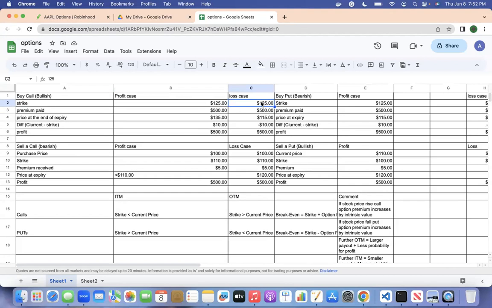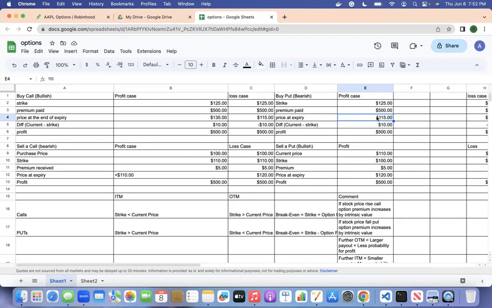So you had a 125 strike price, and then the stock went to $115. So it's $10 down from the call that you bought, right? In this case, you will not be executing your contract, because you can obviously buy from the market at $115.